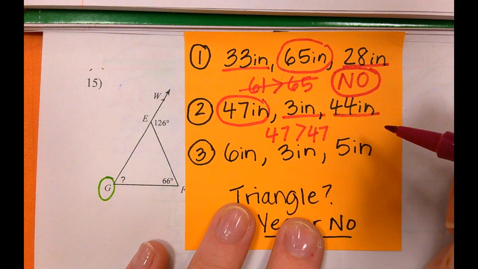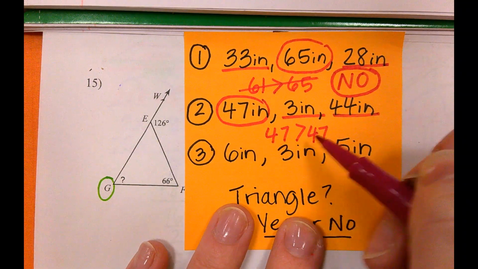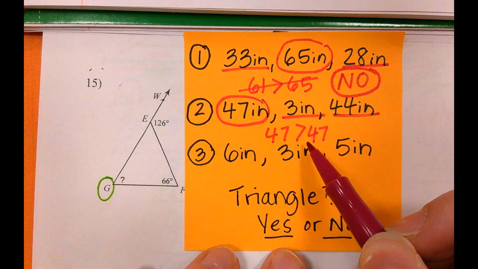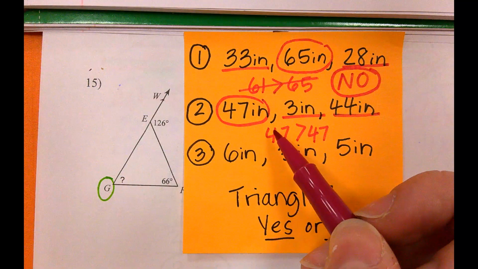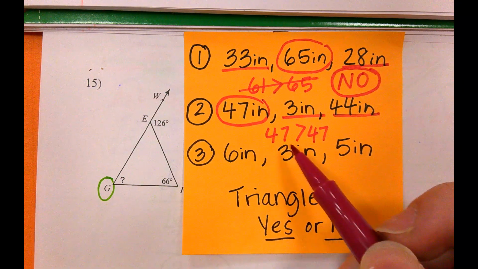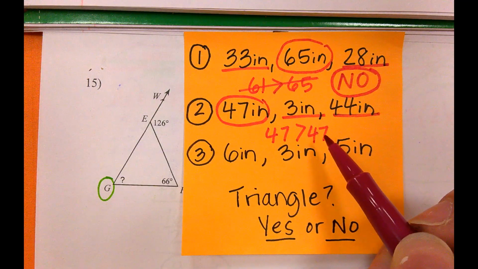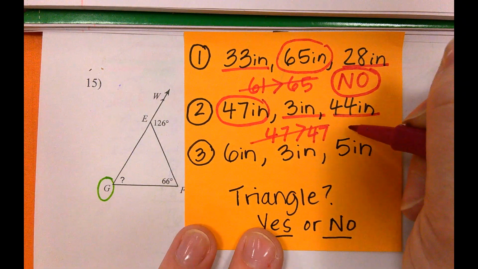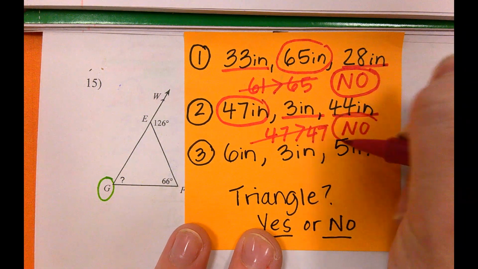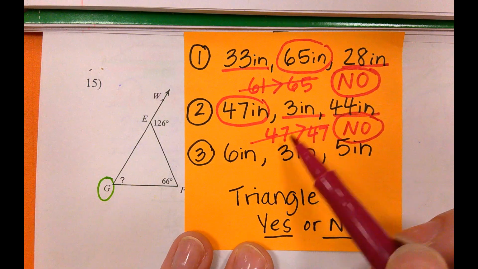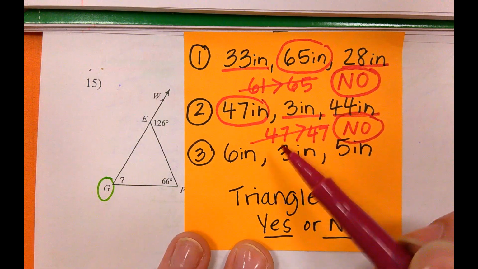Is it a triangle if they're equal? No. Remember, the only way we can say yes, it is a triangle, is if this statement is true: 47 is greater than 47. Is that true? No, it's not true. It's equal. So the answer for number 2 would be no. This is not a triangle. The equal is tricky. We just have to remember it actually has to be a bigger number. It cannot be the same number.